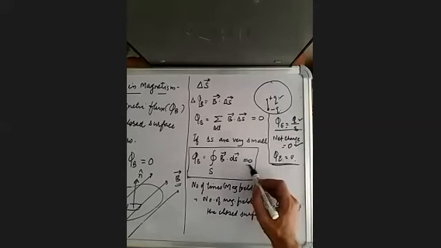Now in this case the flux is 0. That means there is a dipole placed in the surface. That means one pole is of one polarity, and the other one is of the other polarity, of equal strength.